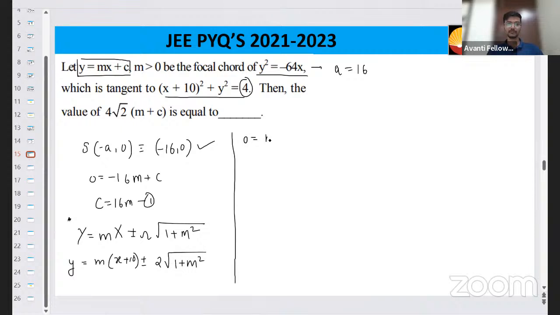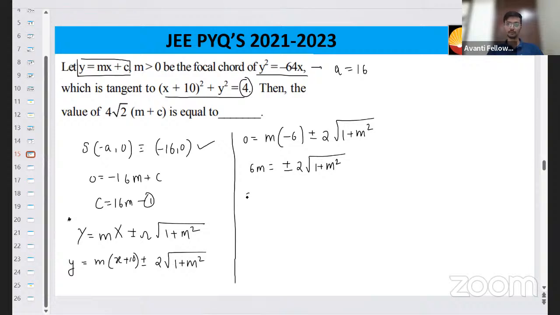So we'll get 0 equals m into -16 plus 10 minus 6 plus or minus 2 under root of 1 plus m square. So if we take m on this side, I'll get 6m equals plus or minus 2 under root of 1 plus m square.